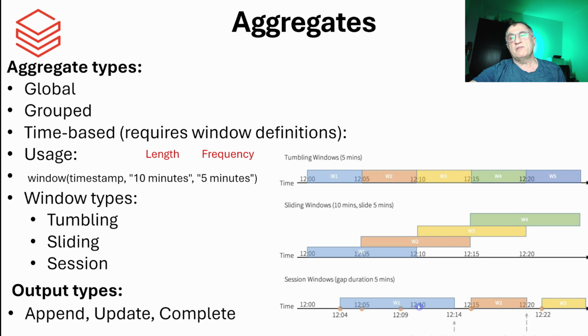Once there are no events for the gap period, then windows close until the next set of events arrives. And as I mentioned earlier, with aggregates, you can use append, update, complete. So it will depend on your sink type as well as nature of your aggregations.